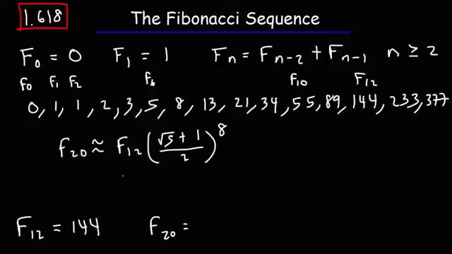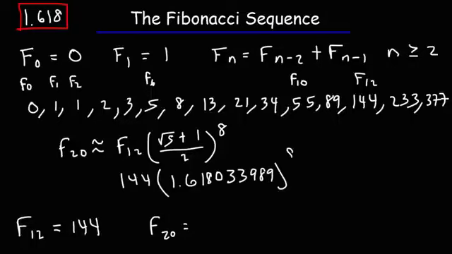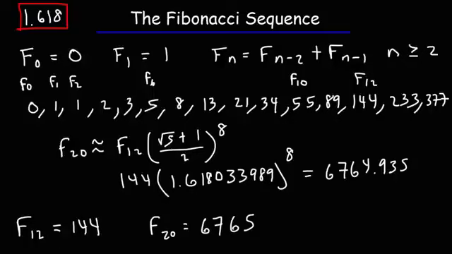This is going to be 144 times, for those of you who want a decimal value, 1.618033989 raised to the 8th power. So you should get 6764.935 approximately. Rounding that to the nearest whole number, this is 6765. So that's the 20th term in the sequence.